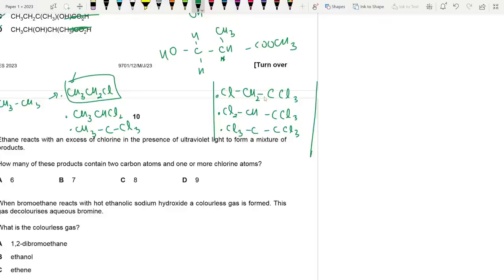Now, what if I keep 2 on each side, right? What if I do this? CHCl2, CHCl2. So I did 0 1, 0 2, 0 3.